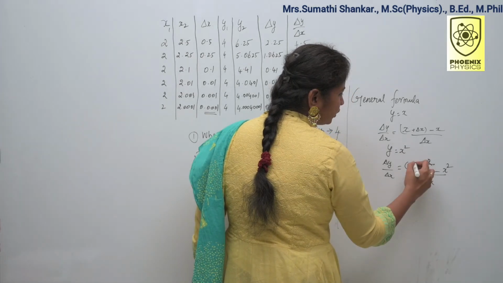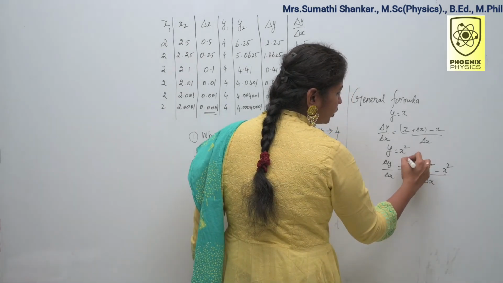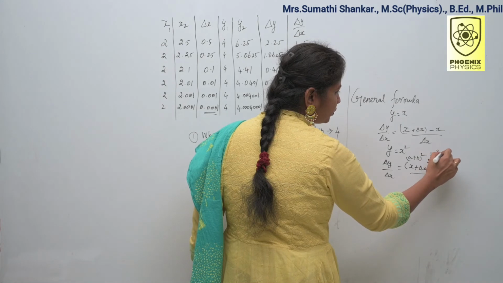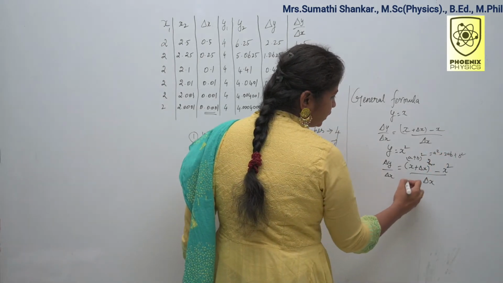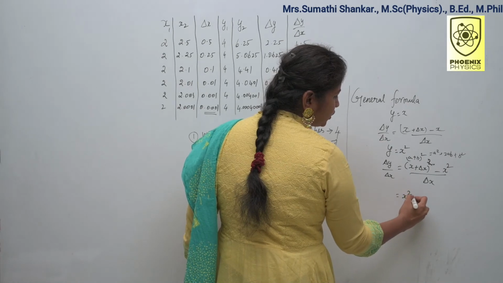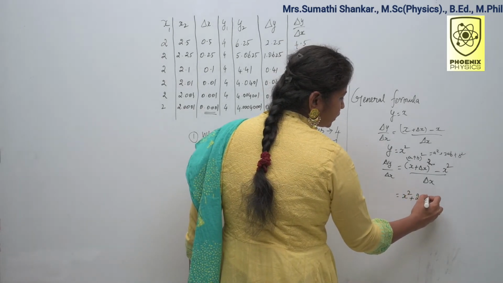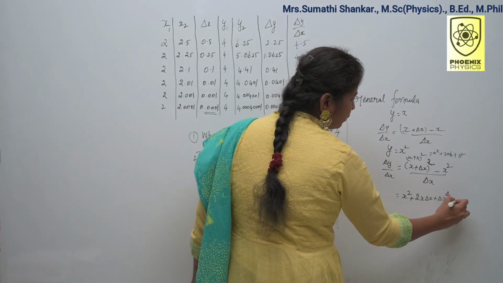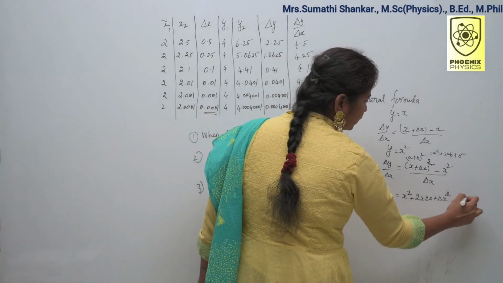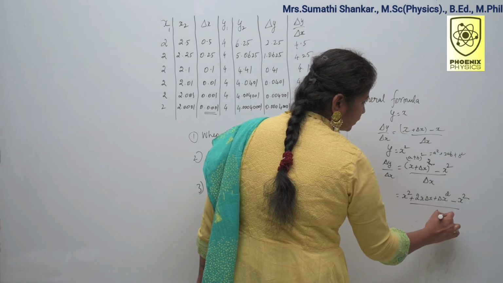This is nothing but our a plus b the whole square formula. So a square plus 2ab plus b square. Right? x square plus 2x delta x plus delta x square minus this x square divided by delta x.